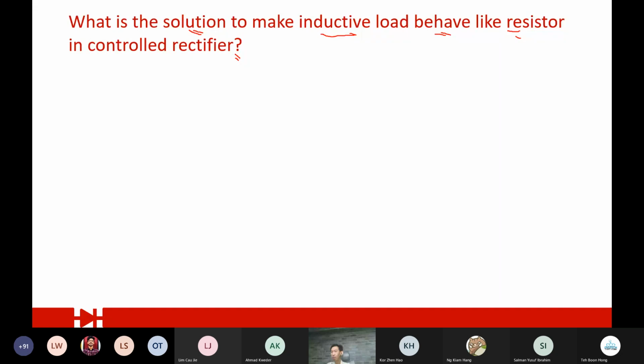No, not the capacitor. So is it to reverse the direction of current? Also no. Try to recall back. I even showed the example in the class.